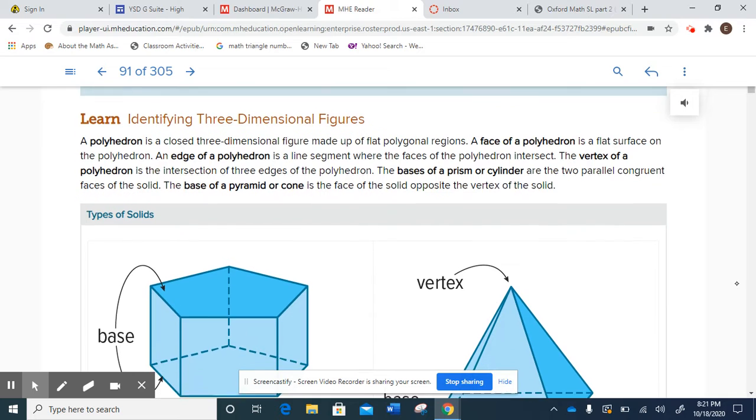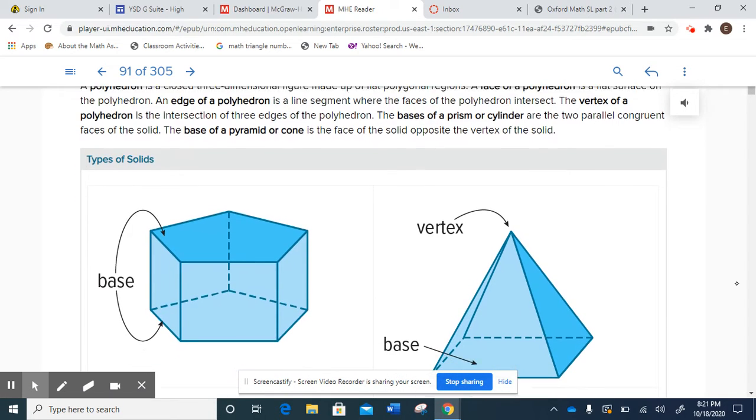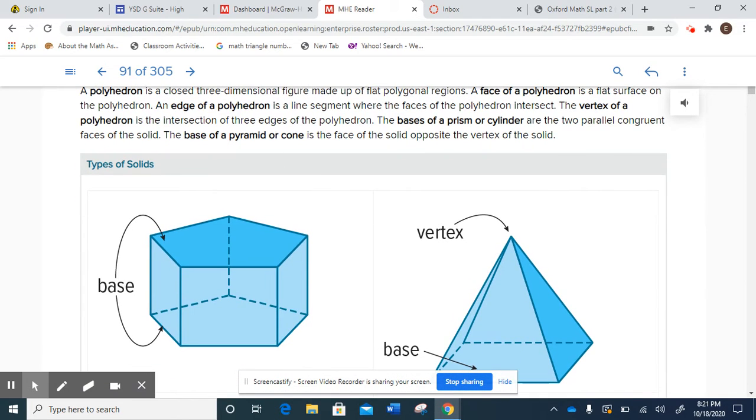And then we also have to know what a base is. A base is where you have your main shape, depending on what it is, whether it's a pentagon, a hexagon, triangle, but it's your two matching shapes.